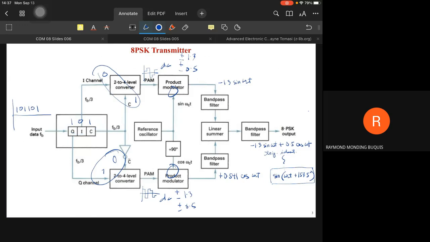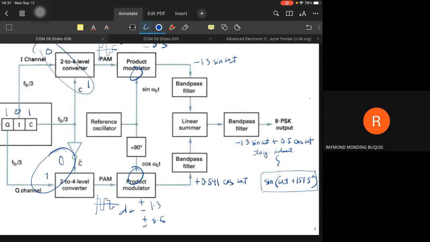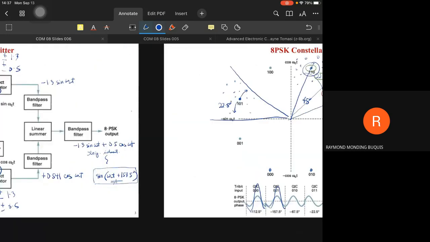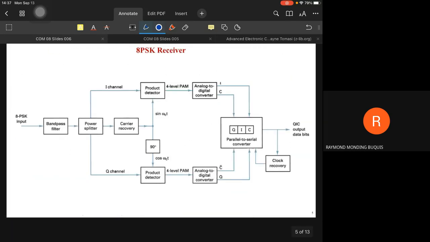So manang output sa atong QPSK transmitter. Kani siya nga signal, input ni dito sa receiver here. So the same gyapon, the same og process ang QPSK nga receiver og 8PSK receiver. Wala nagbago. No? Nag-bandpass filter, nag-power splitter, nag-carrier recovery circuit, detector.